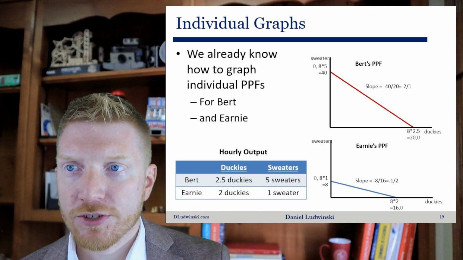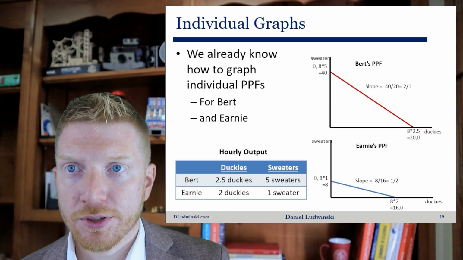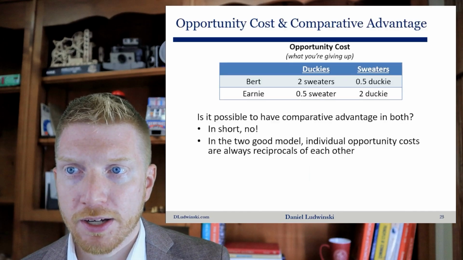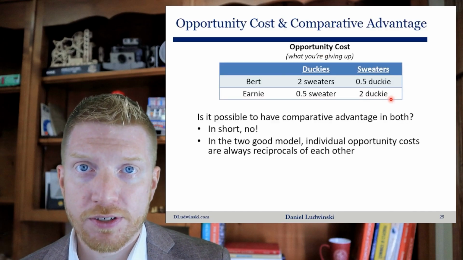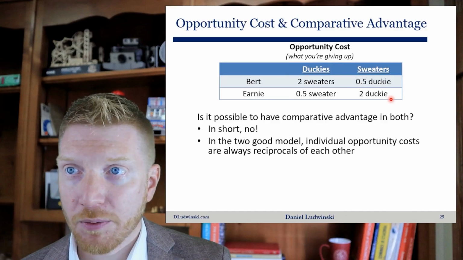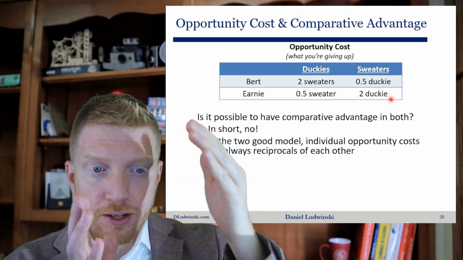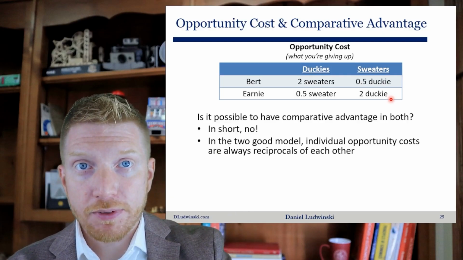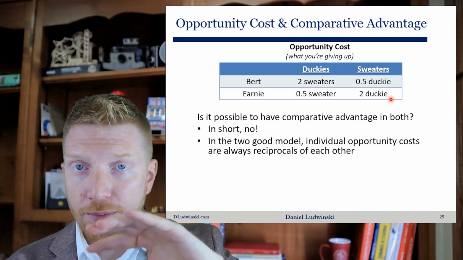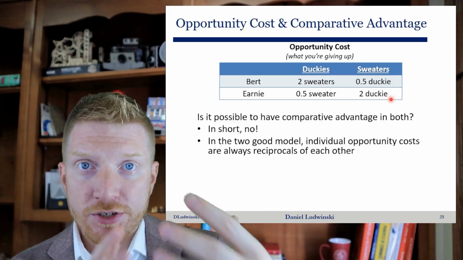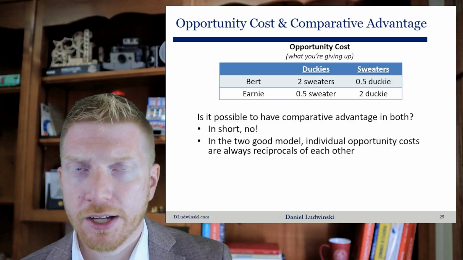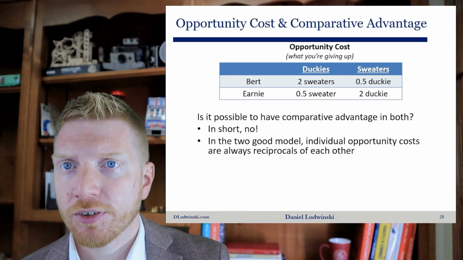So the fact that these opportunity costs, when we put them in a table here, were the reciprocals of each other was not something that happened by chance. It's the way that these things are defined. You're giving up one to get the other, and moving the other way, you're giving up the reciprocal amount. What you're getting switches to what you're giving, and vice versa.